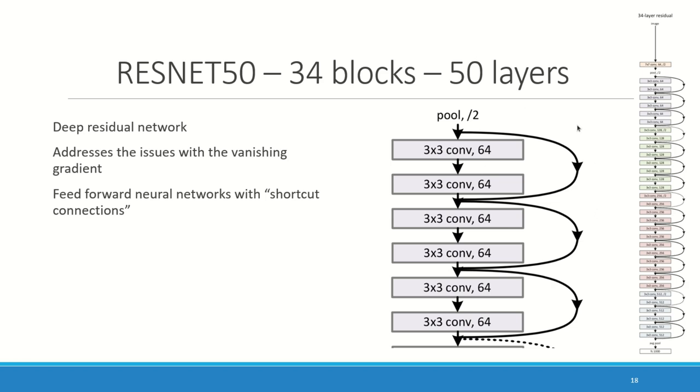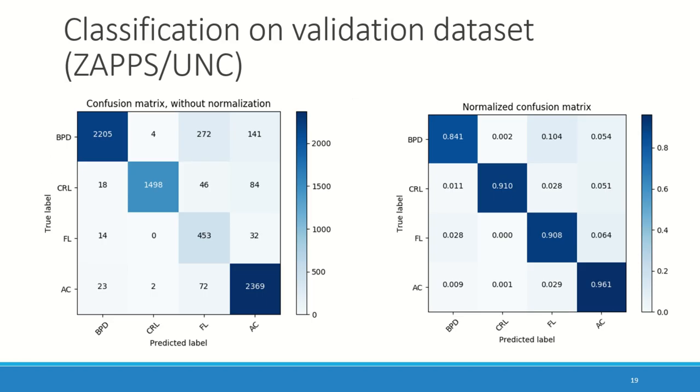And these are the results of our classification. This is on our validation set. We split our data 80% for training, 20% for validation, and as we can see here, we have high accuracy, around 90%.